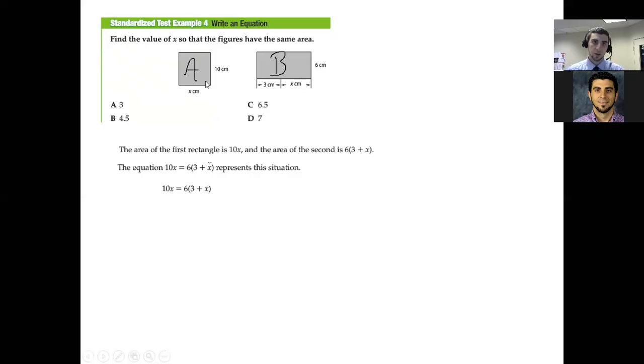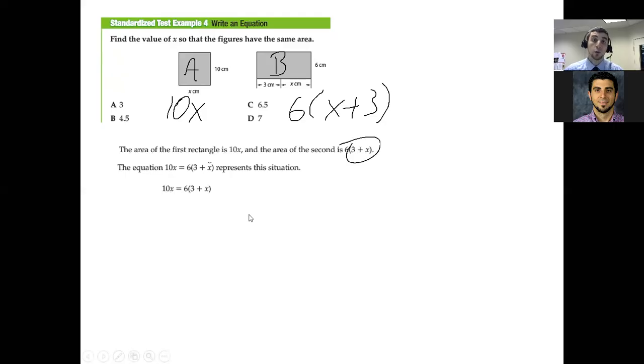Multiply length times width. So 10x would be the area of this one, and B would be 6 times this side. Now, this might look a little bit weird, but how they broke it up was saying that this much of it takes up x, and then this is 3 more than x. Okay, so it's actually going to be 6 times x plus 3, or 6 times 3 plus x, as I wrote it down here.